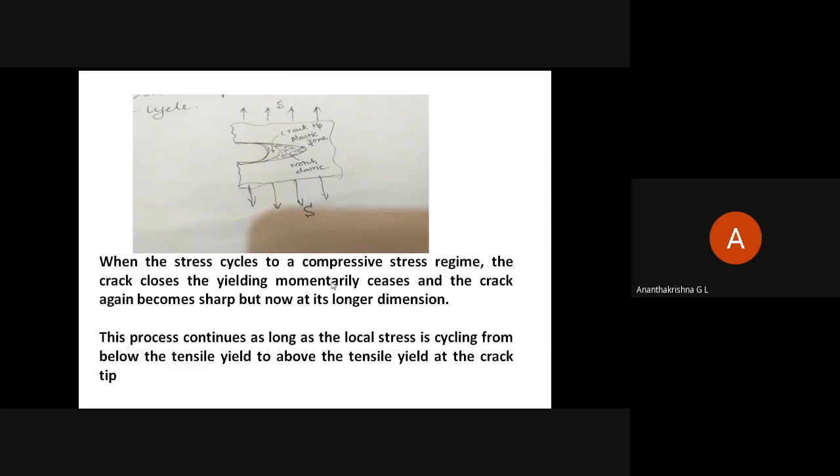When the stress cycle goes to a compressive stress regime, the crack closes. When there is a tensile load, if you apply a compressive load, then the crack will try to close. The yielding momentarily ceases and the crack again becomes sharp, but now at its longer dimension. This is how the crack propagation starts.